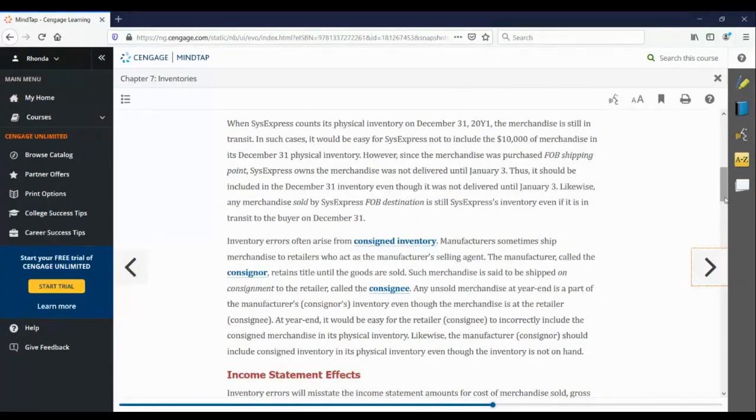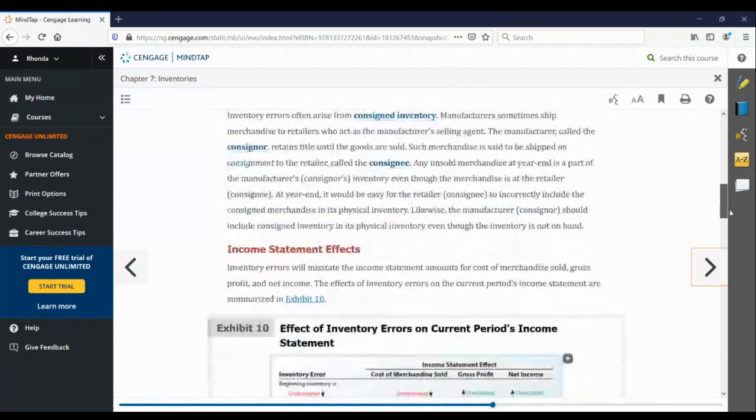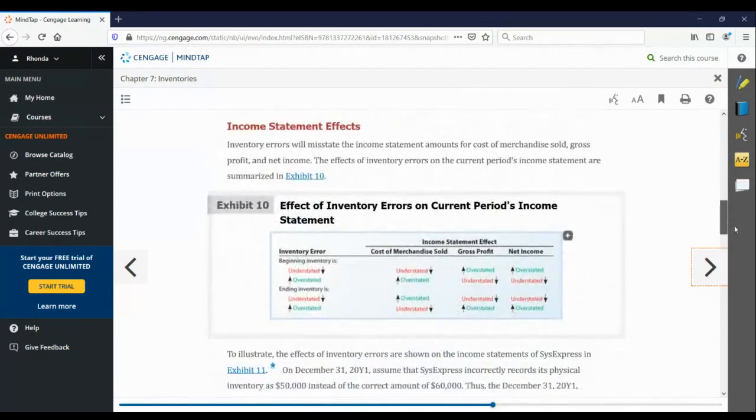These inventory errors are going to affect the financial statements, and it's important that you understand that. What I really would like for you to look at is Exhibit 10 in your textbook, which has the effect of inventory errors on the current period's income statement.